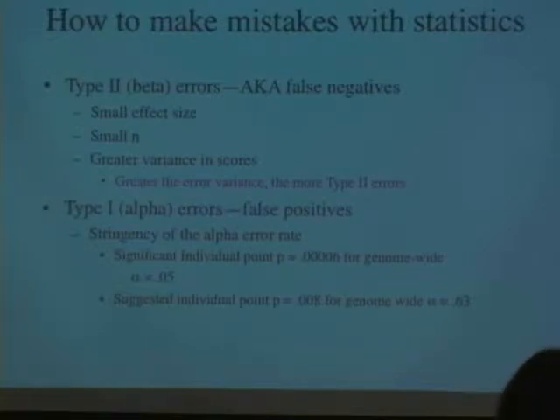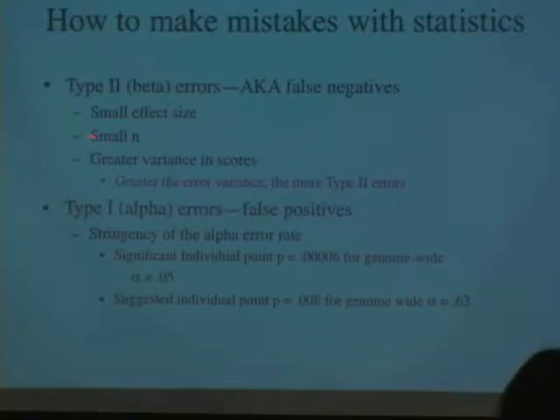This is when you should say there's a relationship or should say there's an effect, and you don't find one, okay? So if you have a small effect size, you'll make one of these type 2 or beta errors. So in our instance, if we have genes that account for a small proportion of the variance, we may miss them, okay, because their effect size just isn't big enough for us to detect.